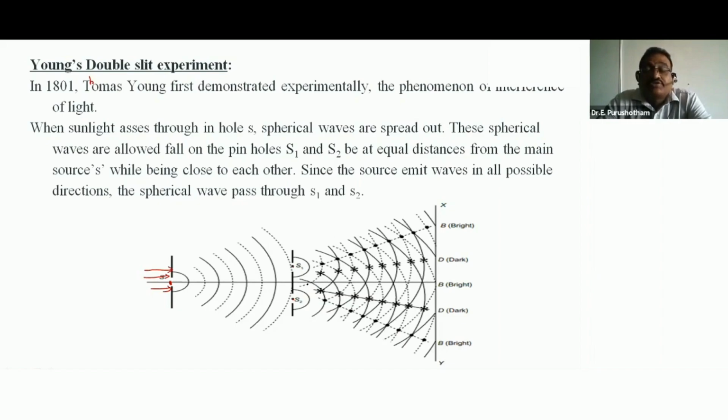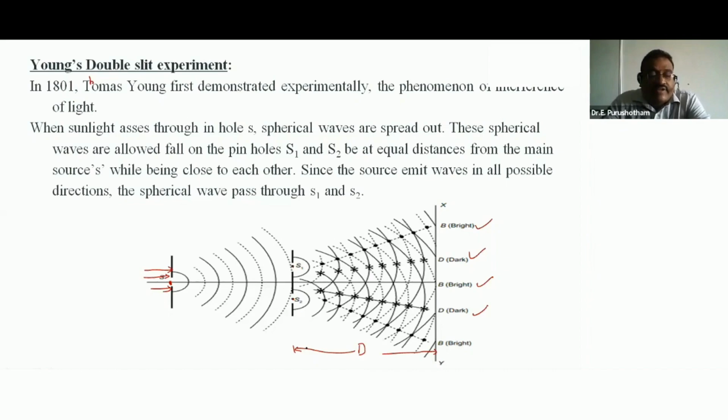Hence they superimpose on each other, and alternate bright and dark fringes are observed on the screen XY, placed at a distance of capital D from the slits.